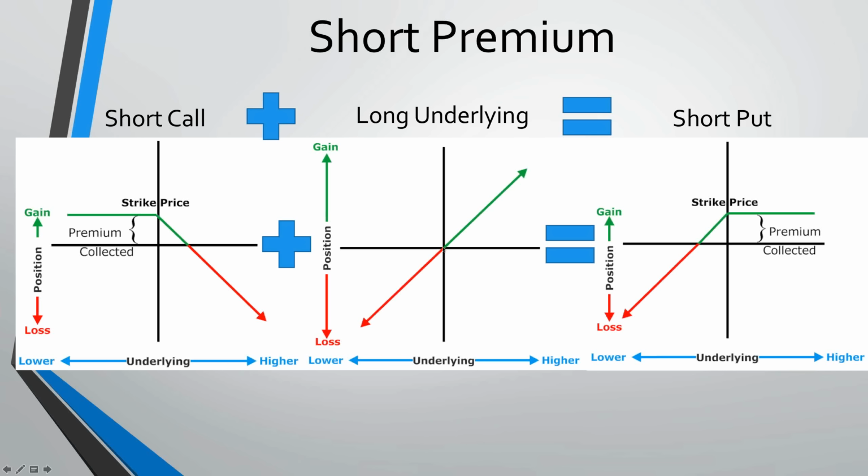Then all I'm left with is this downward sloping portion for the long underlying, which adds to this horizontal portion, which all it does is shift it up and down the axis, and I get my short put graph where I still have unlimited loss except where it's capped at 0, and my maximum I can make is the premium I collected.